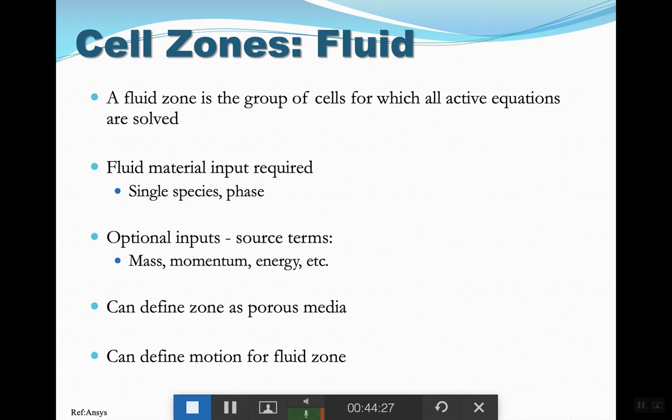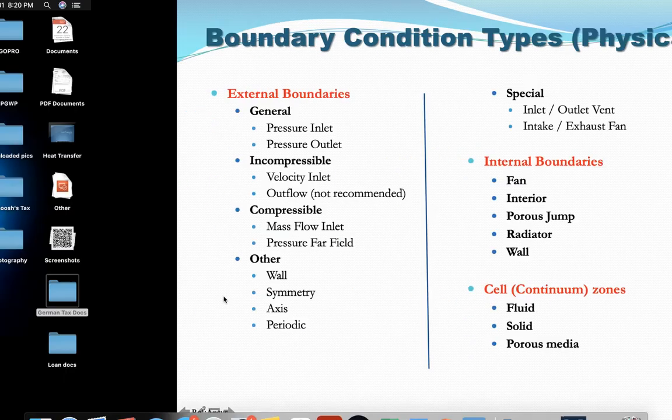So look at the cell zones as basically a collection of cells that you can provide specific characteristics to. This characteristic could be temperature, could be velocity, could be material type, and could be anything else.